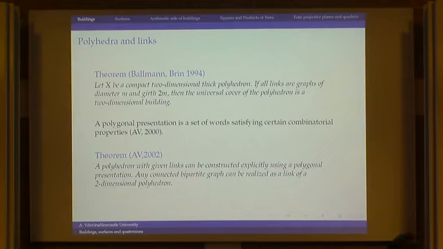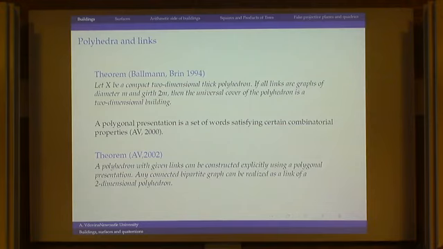I will give a lot of examples of such polygonal presentations, so it will be clear what I mean. I already gave the first example with the 7 triangles: we get a set of polygons with words on the boundary, and then we glue them together, and we get a polyhedron with given links.